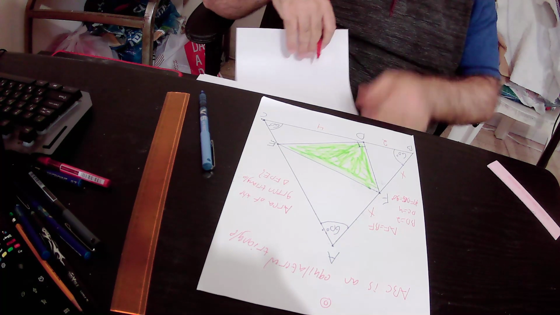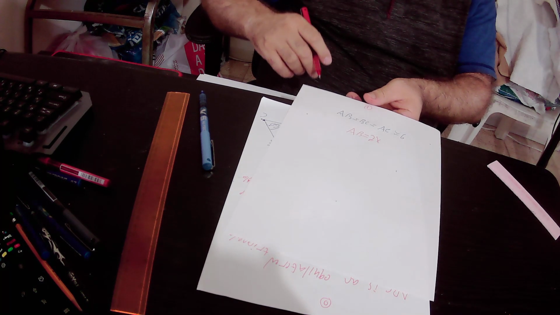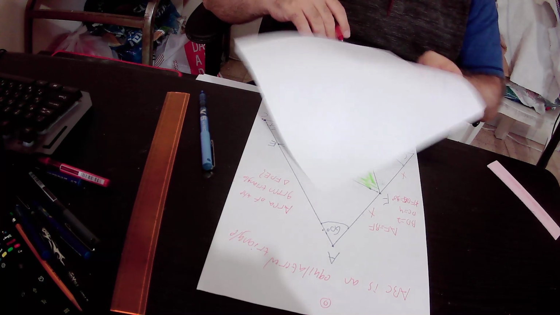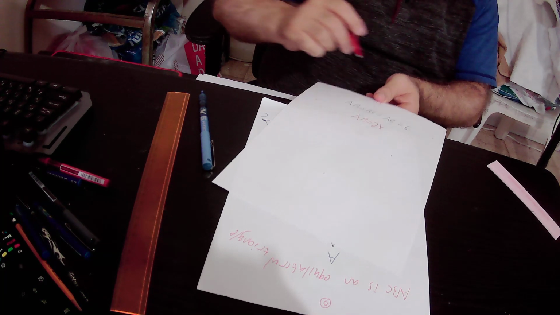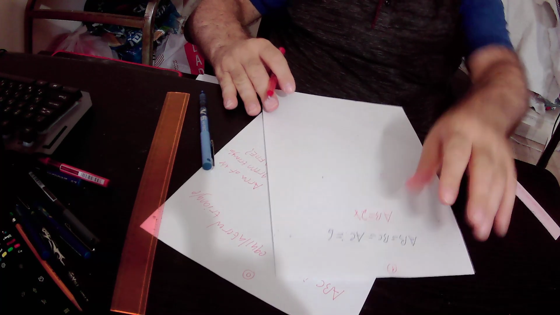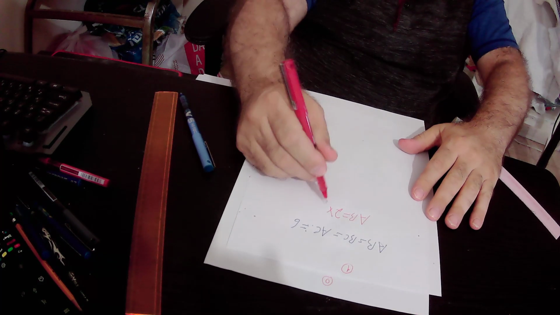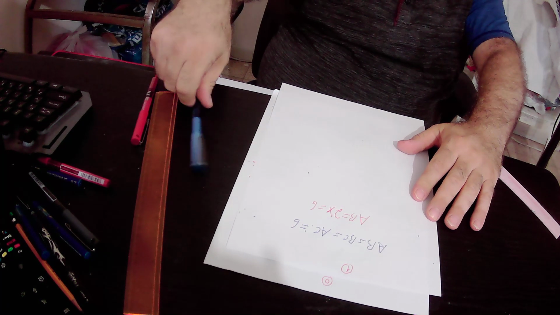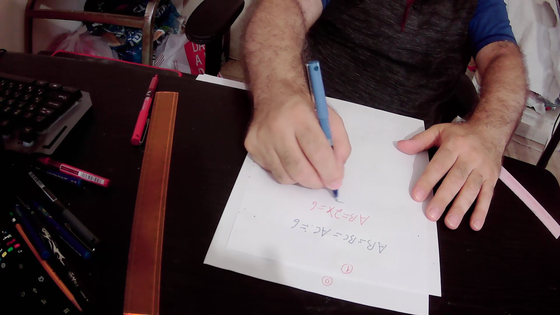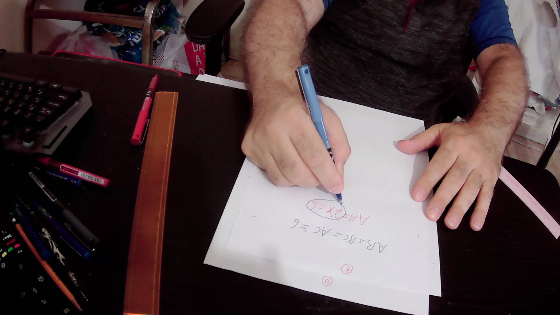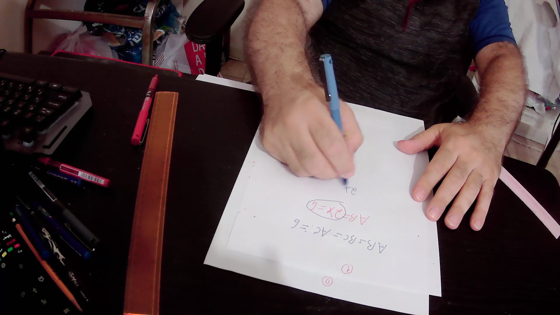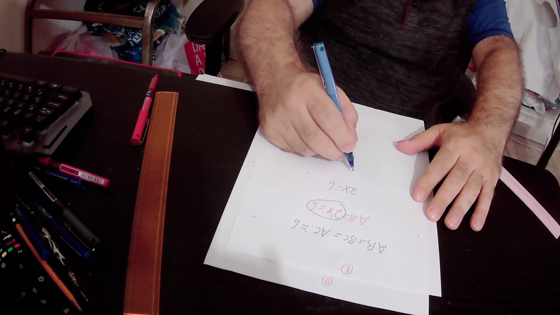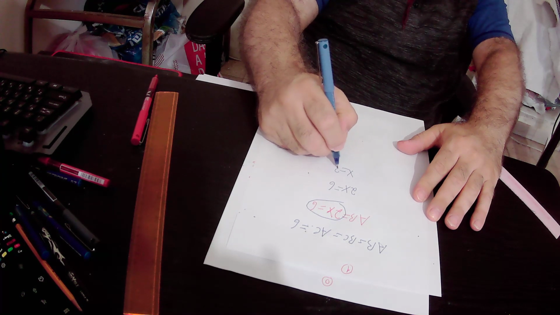But from the other side we know that AB equals 6 units. So we got this equality that states that 2X equals 6, and if we divide this equality by 2, we will get that X equals 3 units.